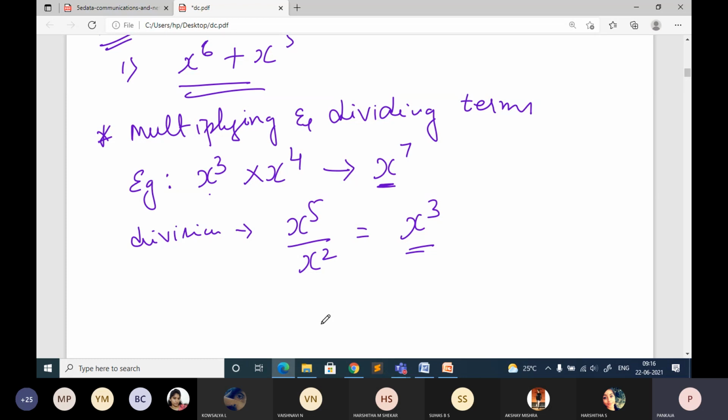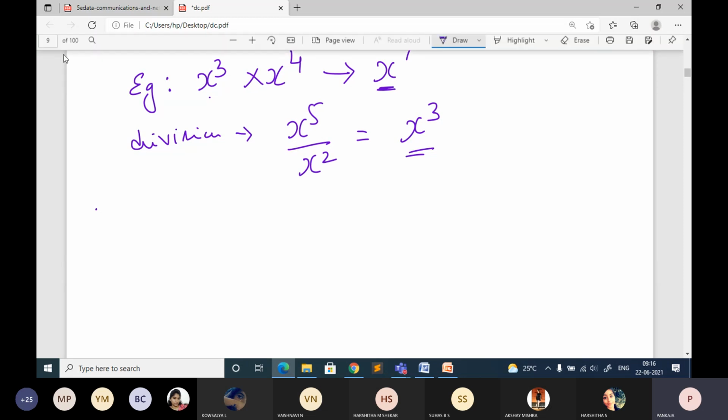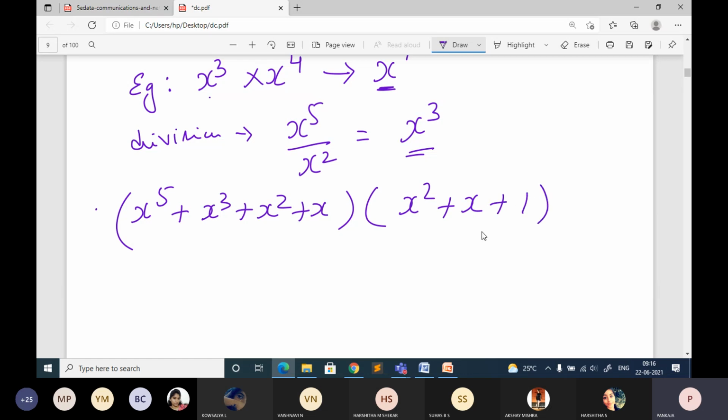Now, in case you want to multiply two polynomials, let me just write. For this class also you need a notebook and pen. In case anybody does not have it, sit along with your book, notebook, you just take the book. So consider I have two polynomials, x power 5, and x power 3 plus x power 2 plus x, okay, x square plus x plus 1.